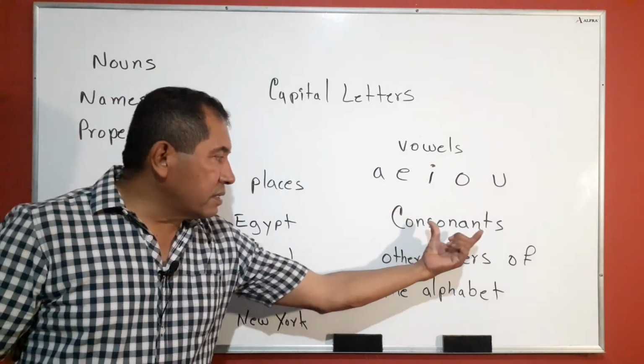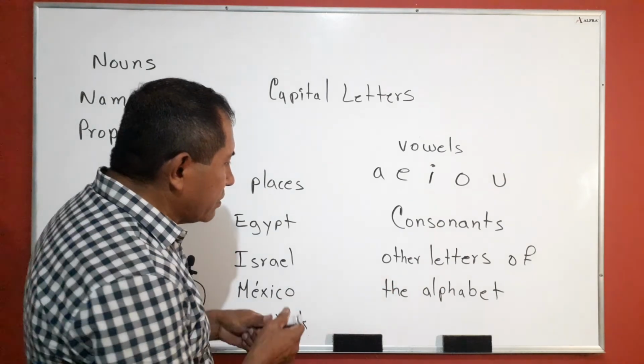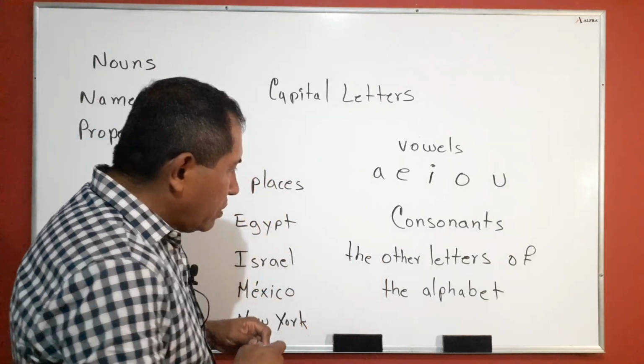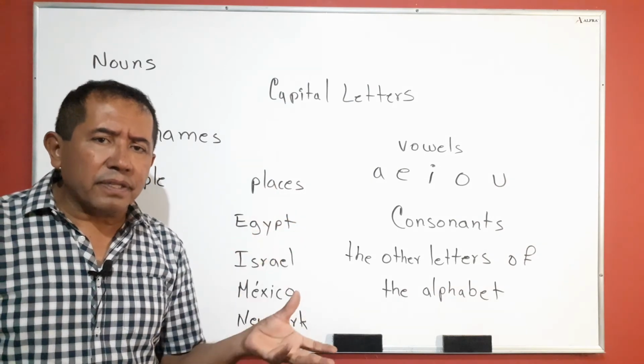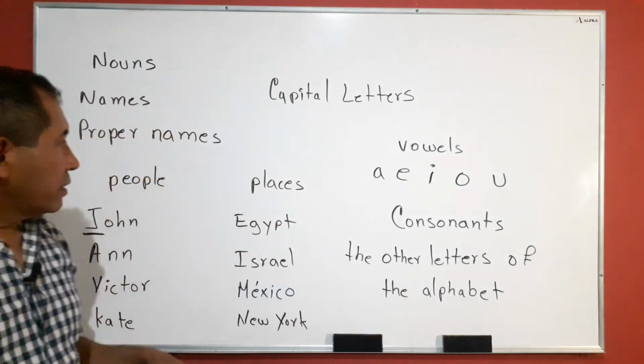And the consonants are the other letters of the alphabet. All the other letters of the alphabet are consonants. Okay?